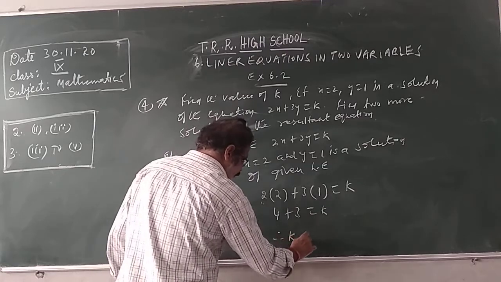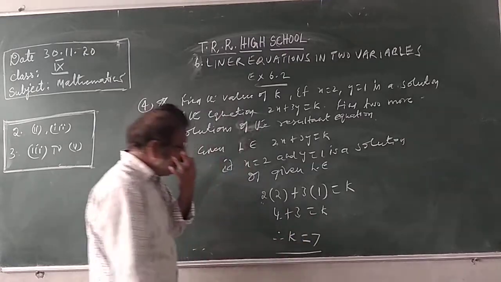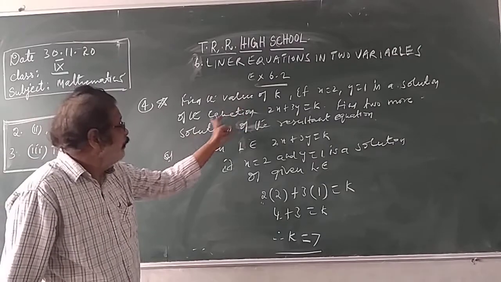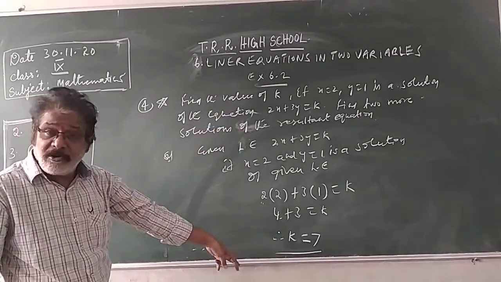Therefore, k is equal to 2 plus 3, 5. K value 5. We got the k value.